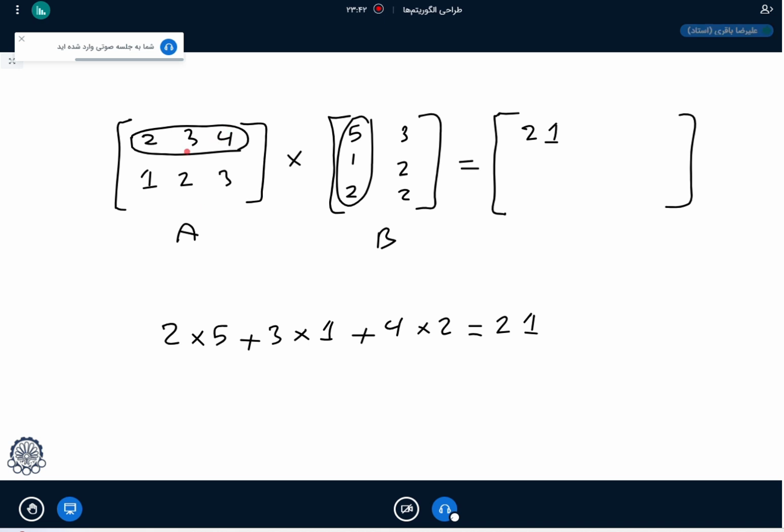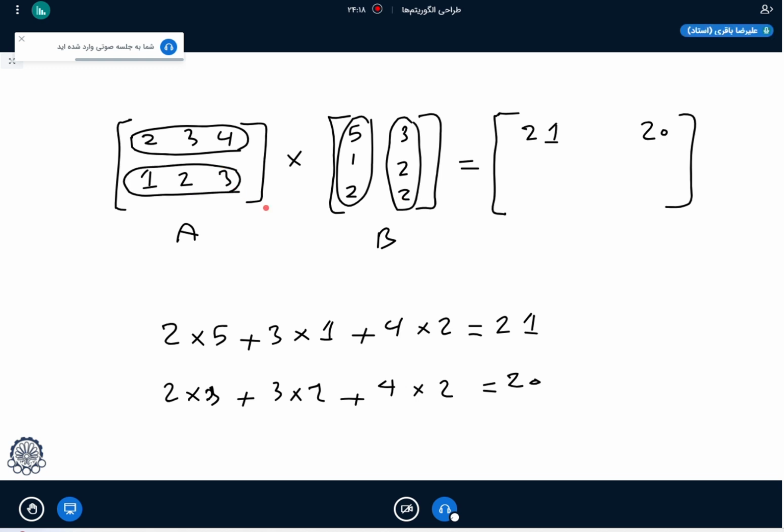Then the first row of A is multiplied by the second column of B. 2 is multiplied by 3 plus 3 is multiplied by 2 plus 4 is multiplied by 2. The result is 20. Here is 20. Okay.